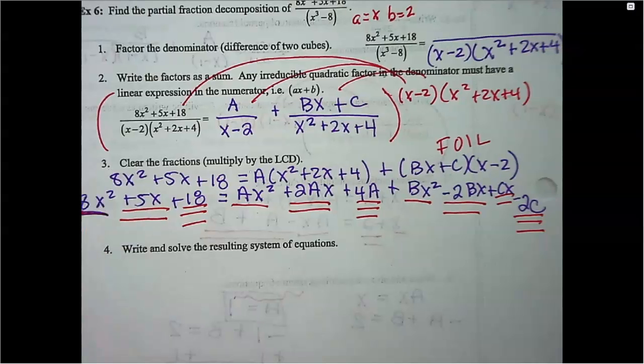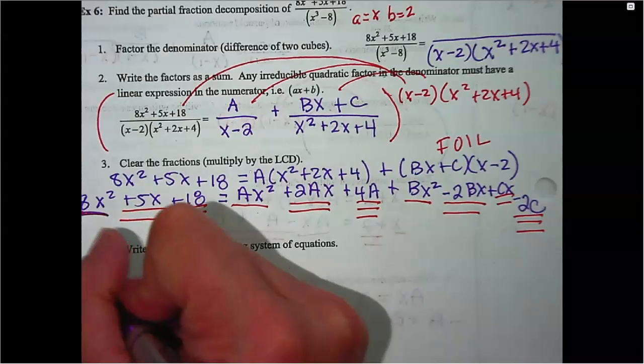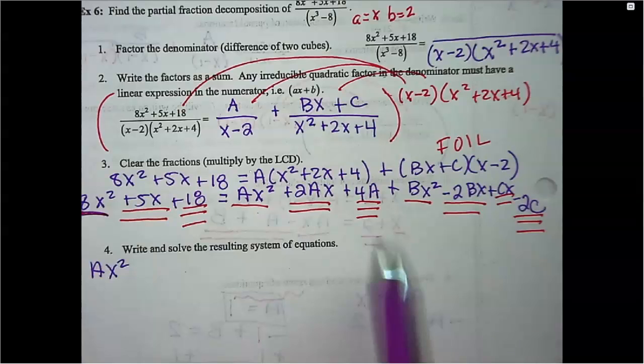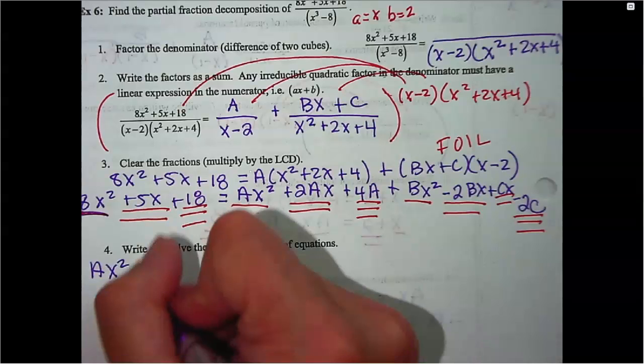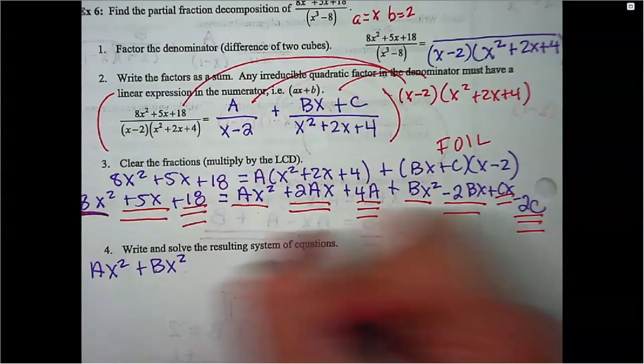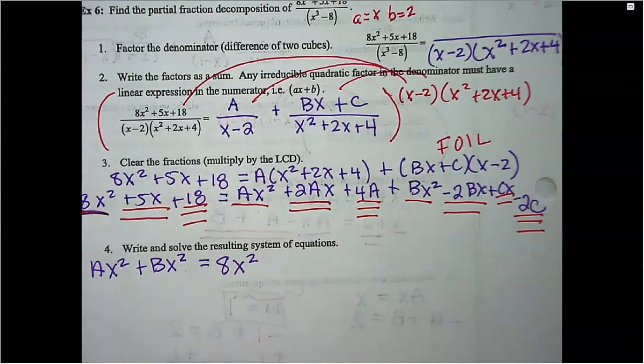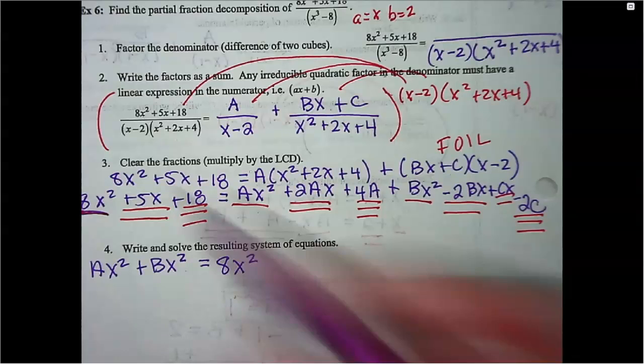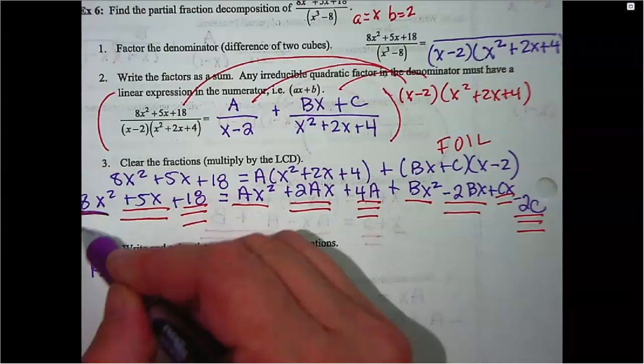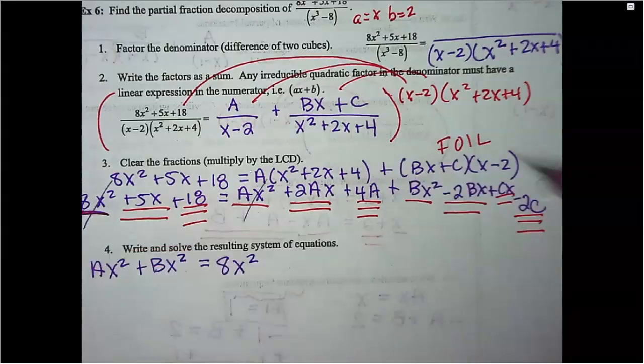All right, so we're going to write up a system of equations in 3 equations. Here we go. First equation. I always start on this side over here on the right. So I have ax squared. I have bx squared. And that's going to be equal to 8x squared. Next one. So, and you could cross them off as you go to make sure you get everything.